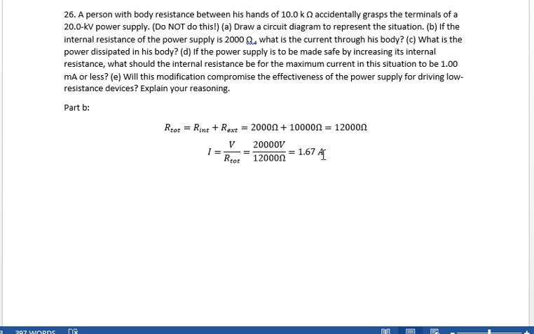All right, part C. What is the power dissipated in the body?